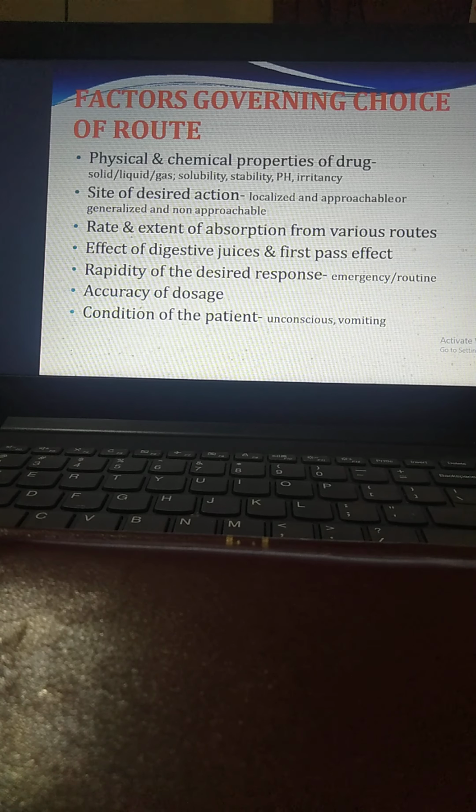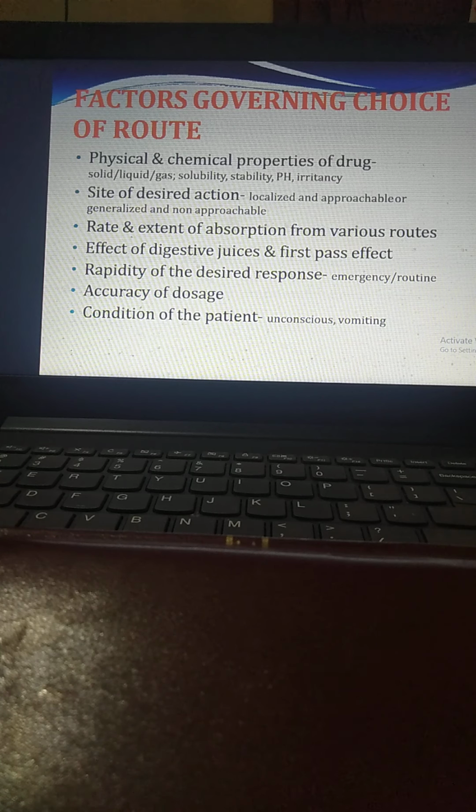Phenytoin was not a soluble product. Then there was phosphenytoin, which is soluble, easily taken, and we can give it in an emergency, also as an infusion. This is also very important here. Site of desired action: localized and approachable, or generalized and non-approachable. So approachable and non-approachable is also a consideration, because it needs an experienced person.